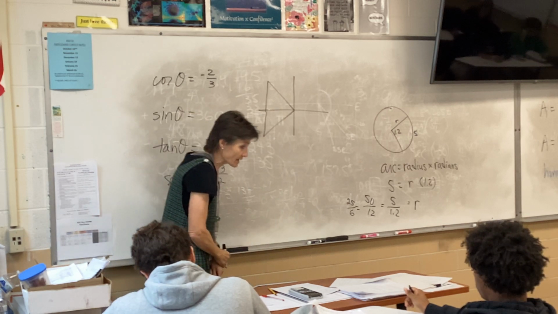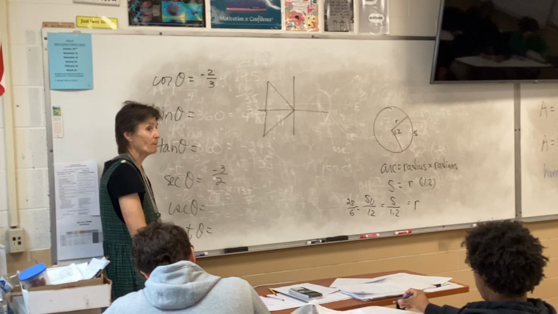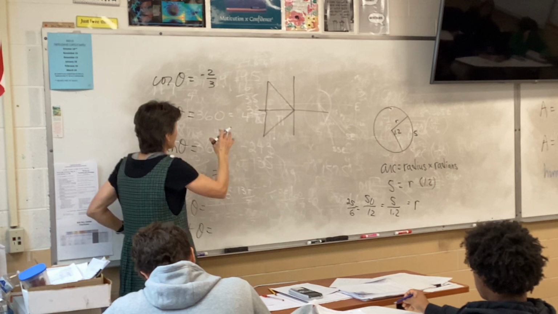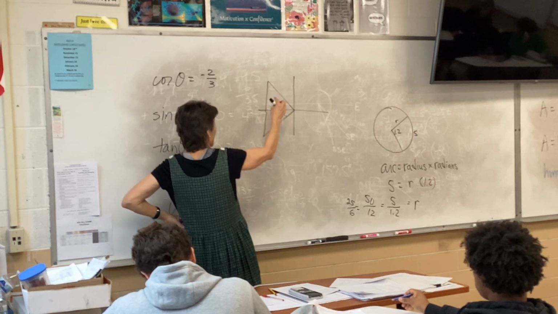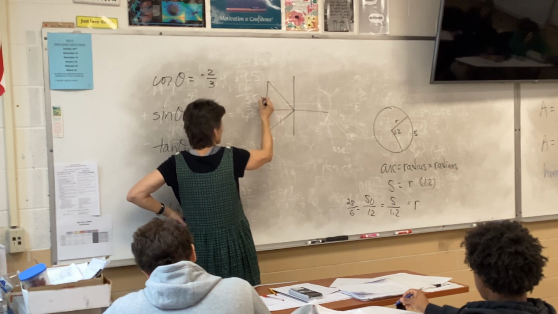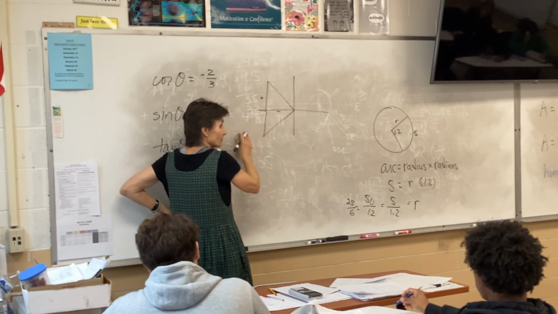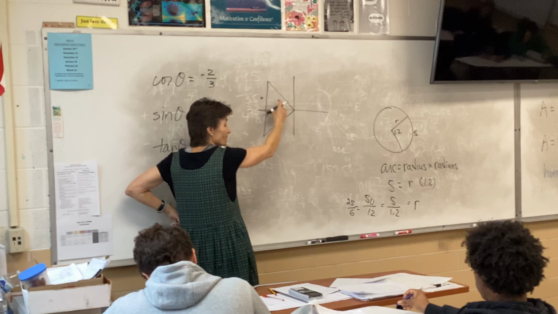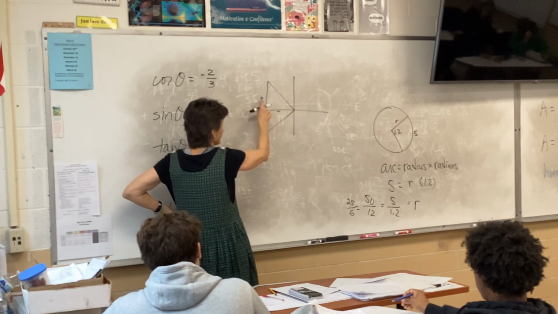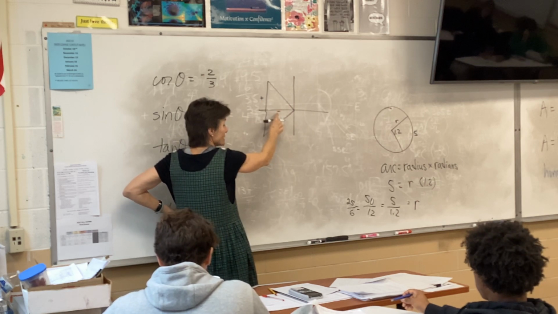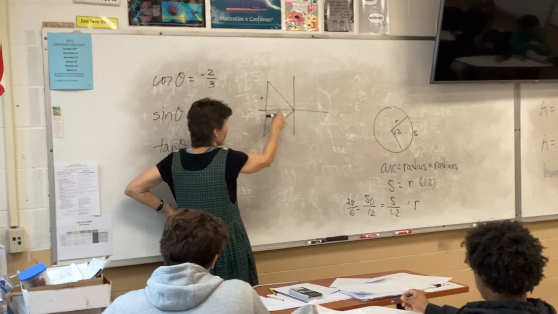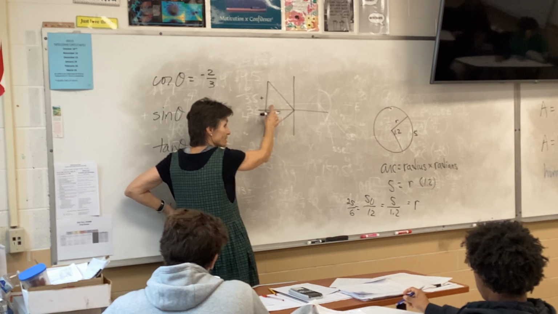Now it says I need the tangent to be positive. So I want you to think about this for a second. If I'm in this quadrant, this would be positive and this would be negative, right? If I did the tangent, opposite over adjacent, y over x, would that be positive?